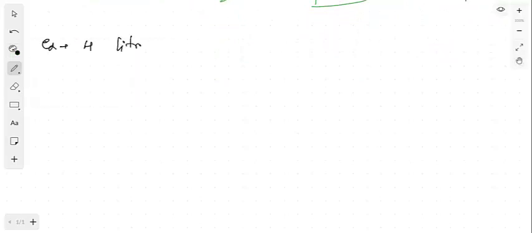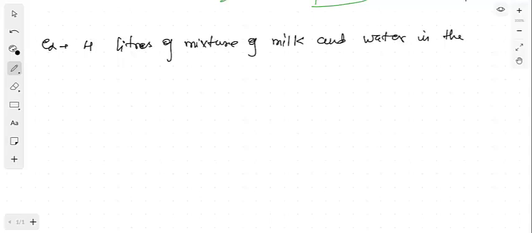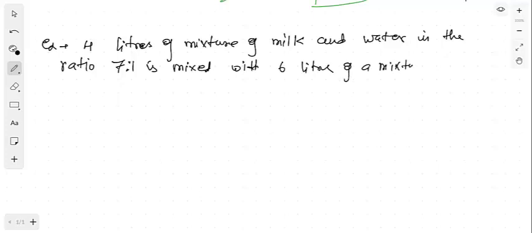Let us say the question is: 4 liters of a mixture of milk and water in the ratio 7 is to 1 is mixed with 6 liters of a mixture of milk and water in the ratio 9 is to 7.